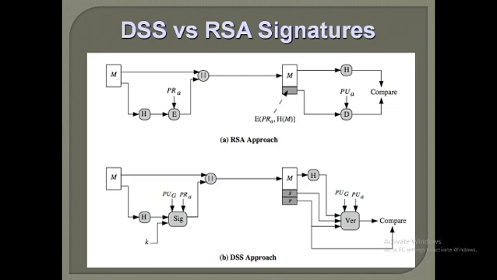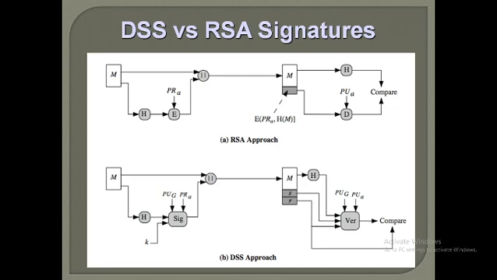Whereas in the DSS approach, we have the message and the hash is applied, and a global public key is also used, and user A's private key is used for signing, and it also uses a key. Based on these, the digital signature is produced, and it has two components, S and R, which are concatenated with the message.